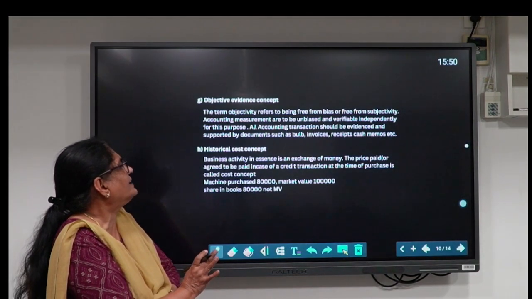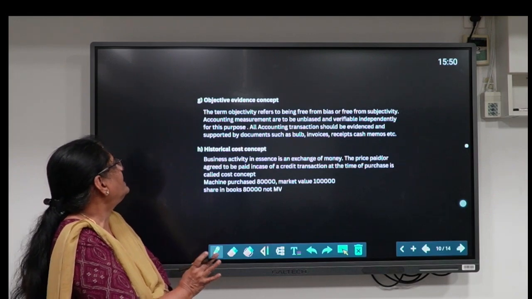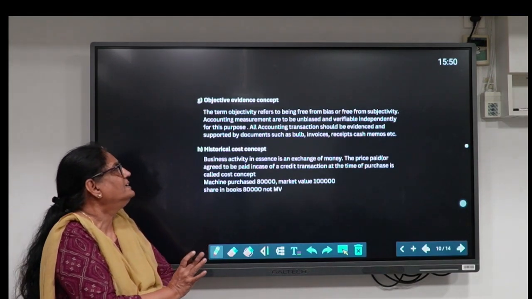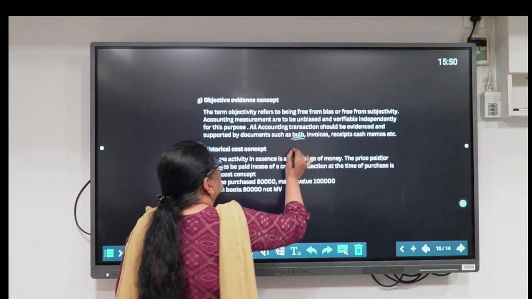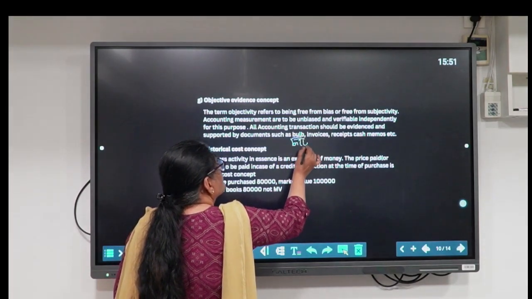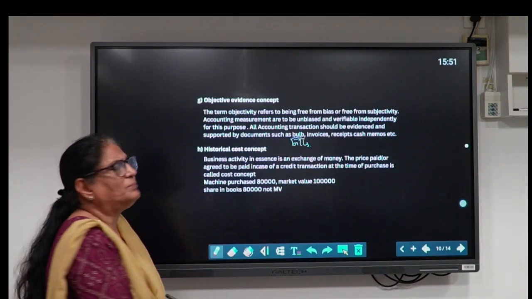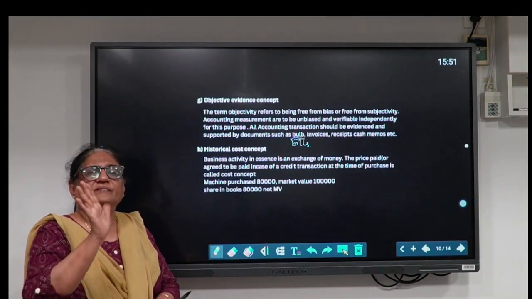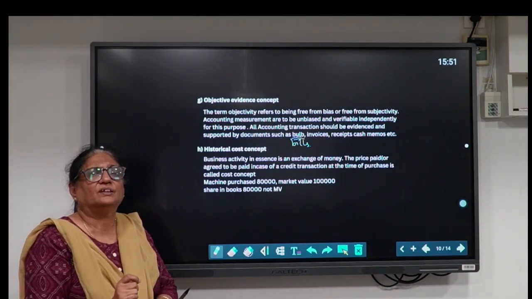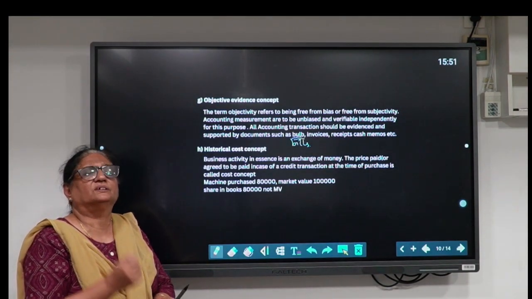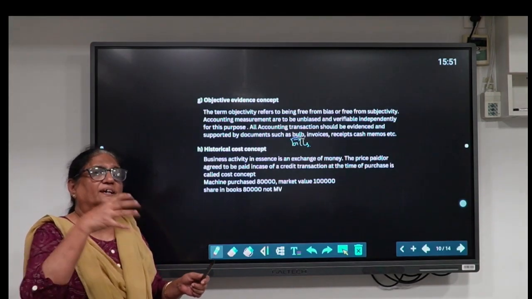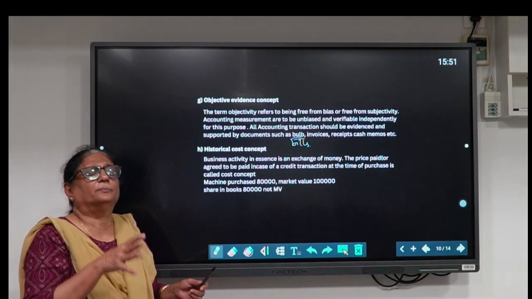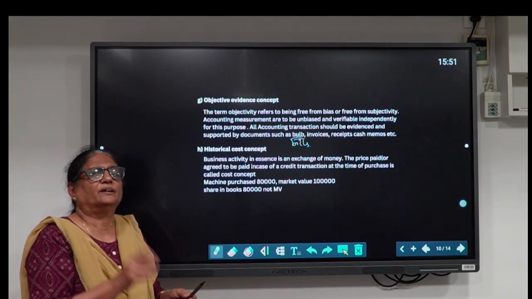All accounting transactions should be evidenced and supported by documents such as bills, invoices, receipts, cash memos, etc. Only when you pass one voucher for expenses and make a receipt, with those cash memos, will it be recorded. Some objective evidence must be there, then that will be recorded.